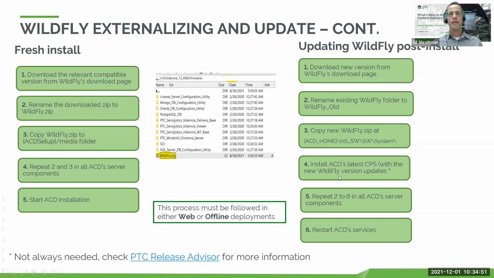And if required, and you will be notified through the release advisor and our CPS calendar, there might be a need to install the latest CPS of the specific version that you're using in order to support the version that you would like to update to. Once that's done, you will need to repeat steps 2 to 6 in all the application server components and restart the ACD services. One last but important note here: this process must be followed in all of the application deployment components, for both web and offline. So this is important to note.